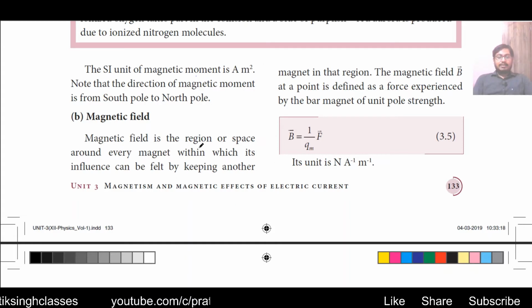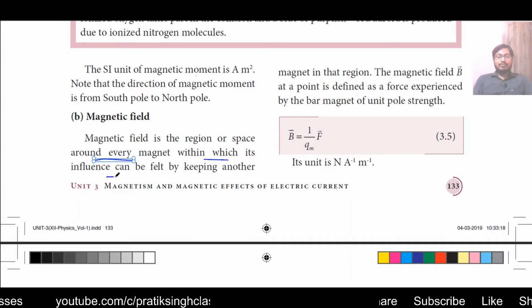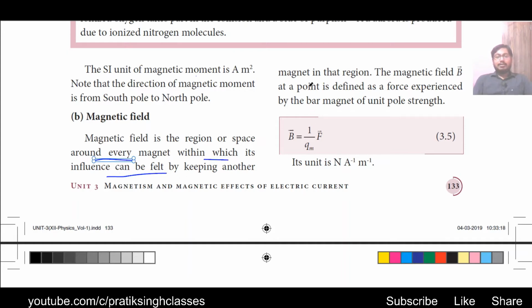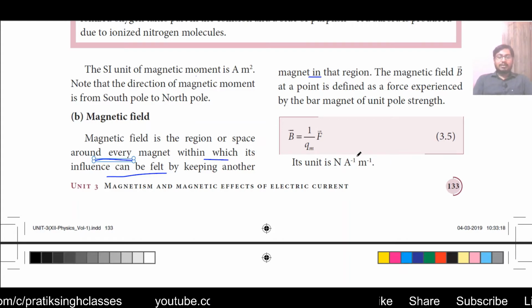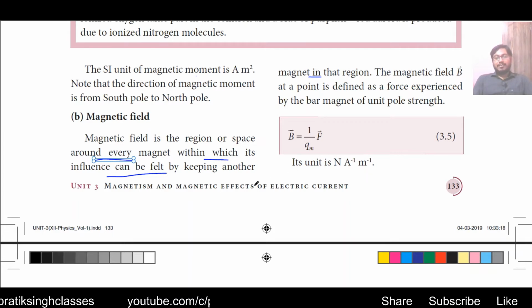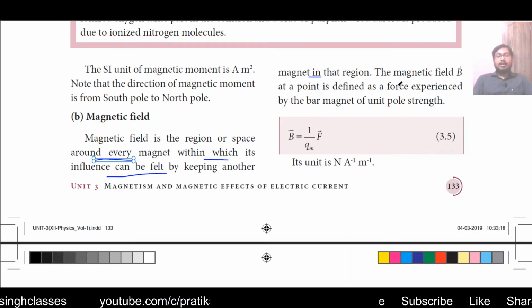Magnetic field is the region or space around every magnet within which its influence can be felt by keeping another magnet in that region. That means up to the region where one magnet can influence another magnet comes under the magnetic field of the first magnet.